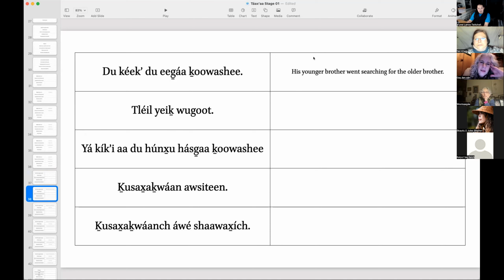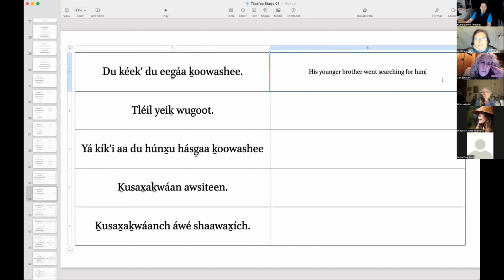So his younger brother went searching for the older brother, right? But in this case, you could also say him, right? This is because you have the d in both places, and in this case, the d is the same person. So you'd say this person went hunting, didn't come back. His younger brother looked for him, right?